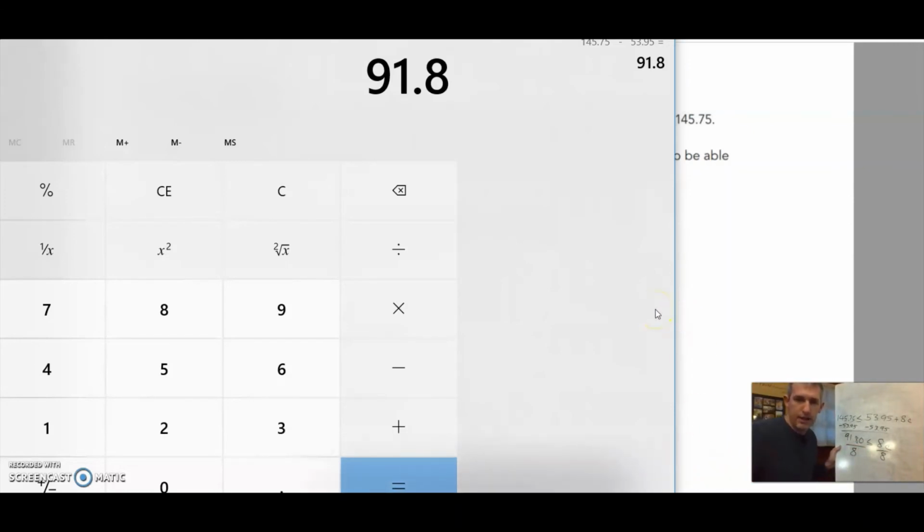I'm going to divide that by 8, and we're going to get 11.475 cars. So she needs to wash 11 cars, and then when she's 0.475 through that last car, she needs to stop and tell them to pay the remaining amount.